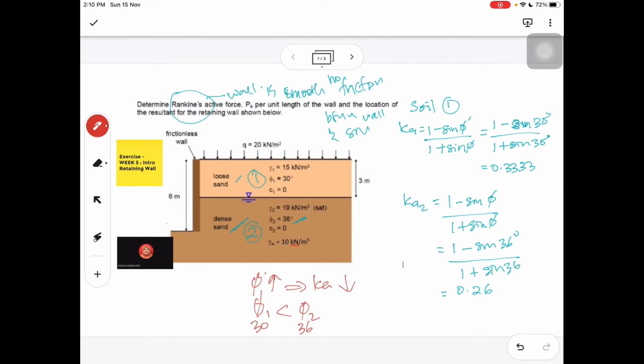Phi 1 is lower than phi 2, so Ka1 will be larger than Ka2. Ka1 equals 0.333 and Ka2 equals 0.26. So Ka1 is larger than Ka2.